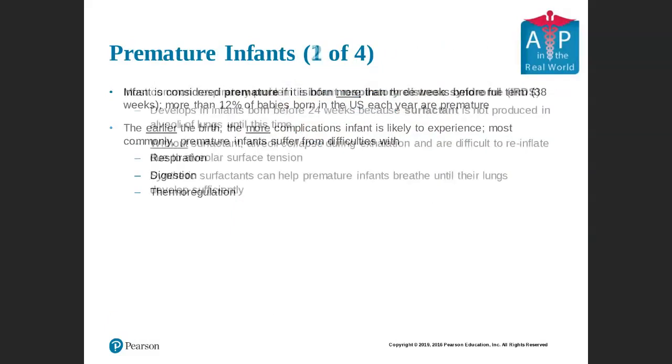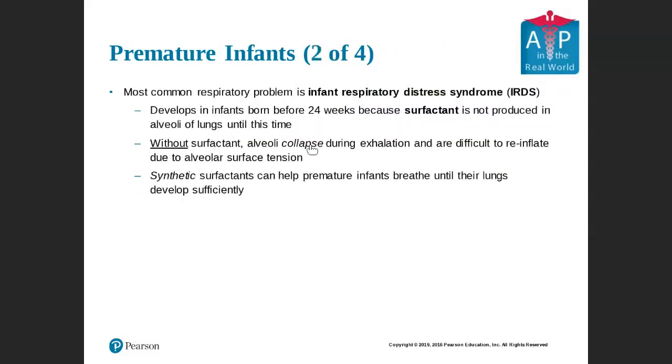I'm not going to talk about prematurity, or just real briefly. The most common respiratory problem for prematurity is IRDS, infant respiratory distress syndrome, and it's mainly because of inadequate surfactant. If they're born before 24 weeks gestation, surfactant is really not produced in the alveoli of the lungs until about 3 to 4 weeks.